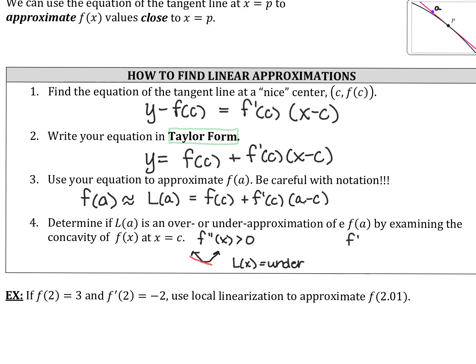Or if my second derivative is less than 0, meaning my original function is concave down, then any tangent line that I could draw will be above the curve, and therefore we say that this linear approximation is an over approximation. And that just gives us a good basis to say, hey, I know this is not quite the value, and I know it's a little bit over the actual value, and that's the calculus to prove it. So here we go. Let's look at an example of what this might look like.